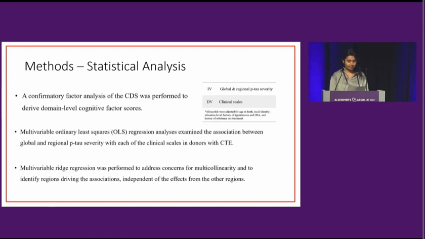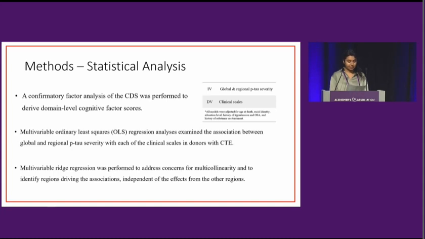And then experts assigned each item of the cognitive difficulty scale to one of the 4 cognitive domains, specifically attention, memory, language, and motor. We then used multivariable OLS regression to analyze the data, where the independent variables included the global and regional measures of p-tau severity, with each p-tau measure included in a separate model.